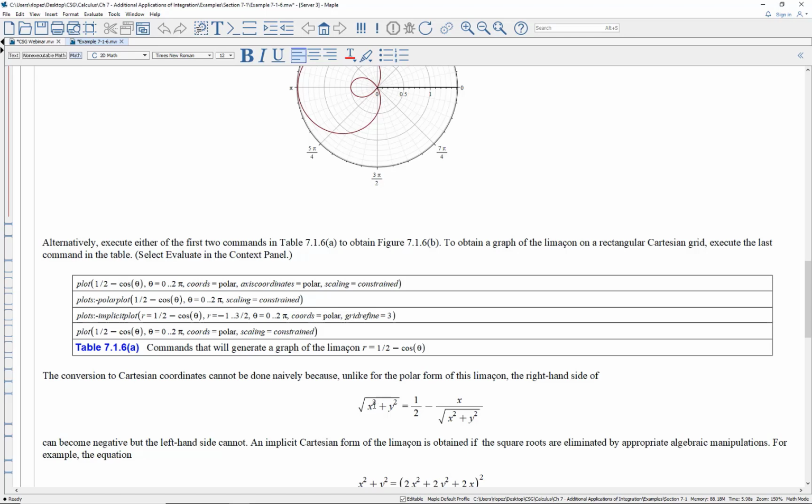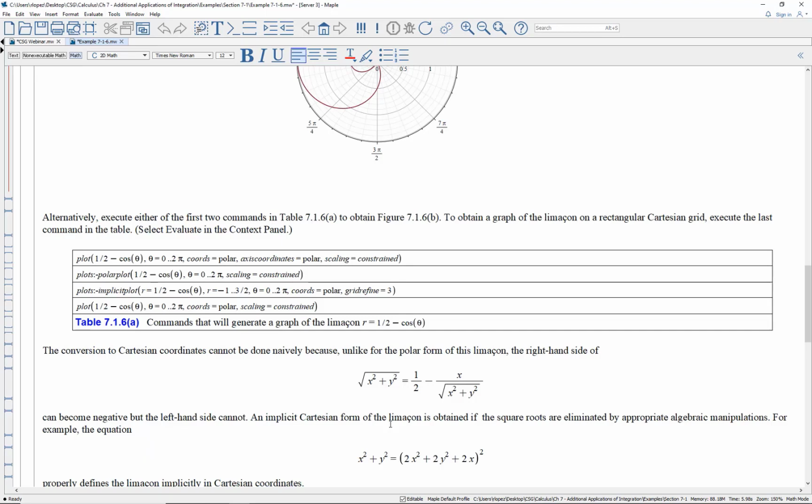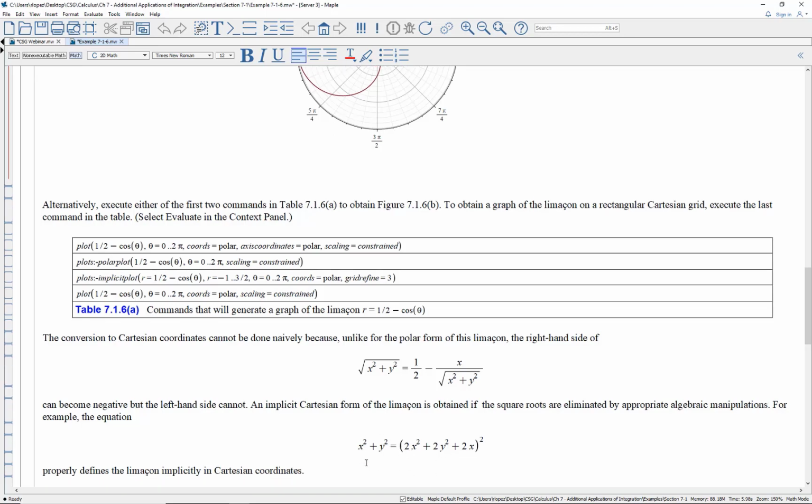This left-hand side stays positive. You've got a problem. You've got to be careful. So what you want to do here to keep everything positive is square both sides. Now both sides stay positive.